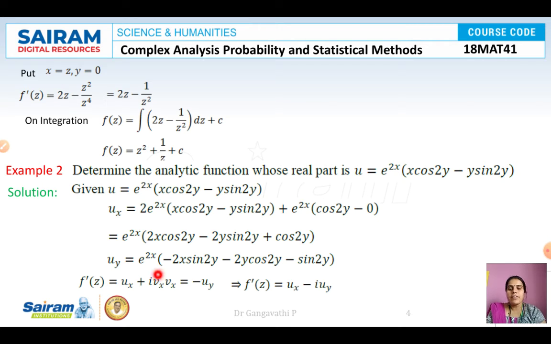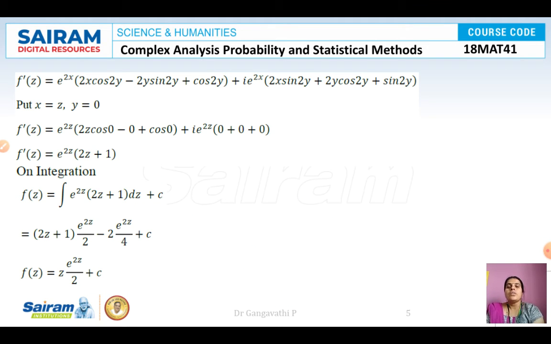Now consider your f dash of z, because the function which has been given is in Cartesian form. So f dash of z is equal to ux plus i vx, and vx we are going to replace as minus uy. So with that substitution, f dash of z becomes ux minus i into uy. Substitute for ux and uy, and now put x is equal to z and y is equal to 0. When x is equal to z, e to the power of 2z, 2z cos 0, cos 0 is 1.